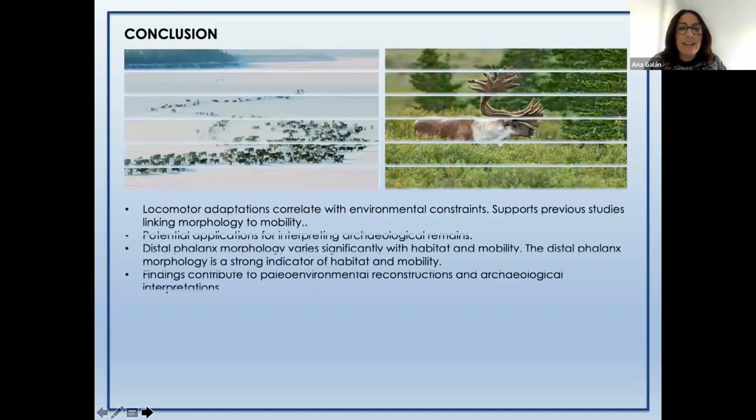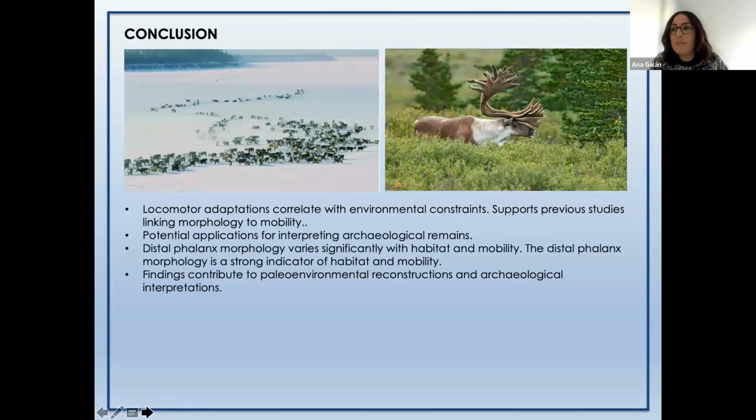These results confirm that distal phalanx morphology is influenced by mobility and habitat, and it can serve as a reliable indicator of past mobility patterns and environmental adaptations. The adaptation of the phalanx to different substrates suggests that similar approaches can be applied to fossil specimens to infer past mobility patterns of extinct reindeer populations.